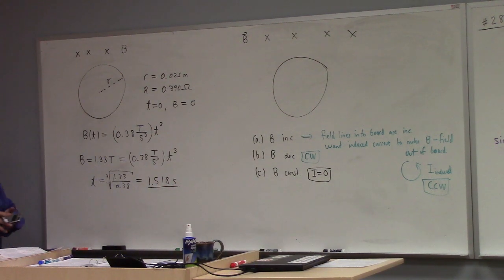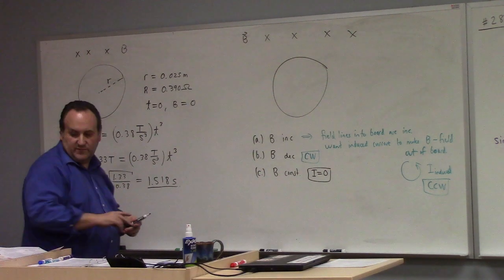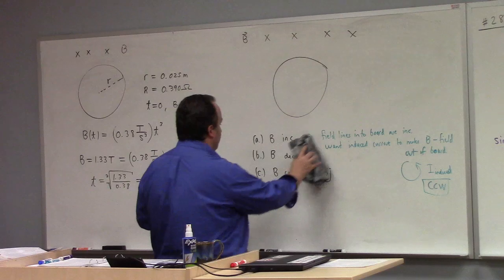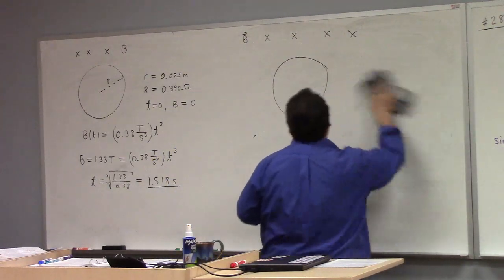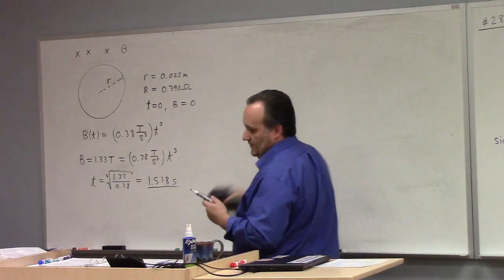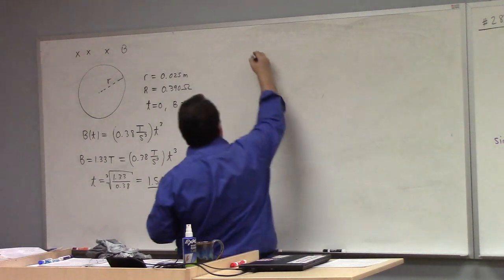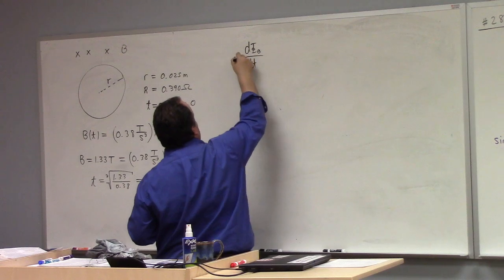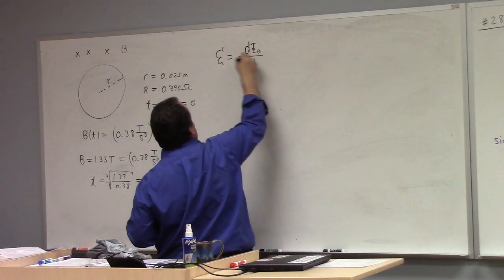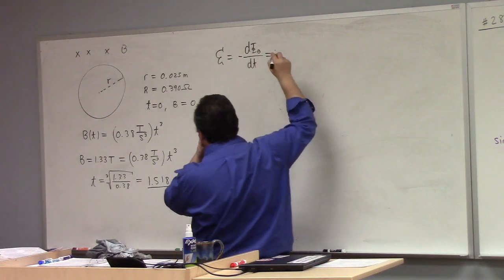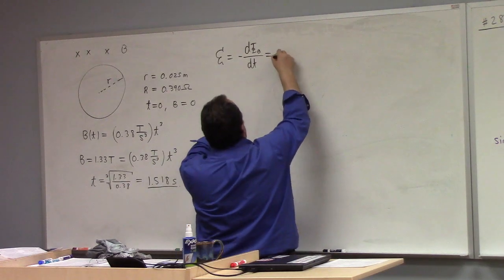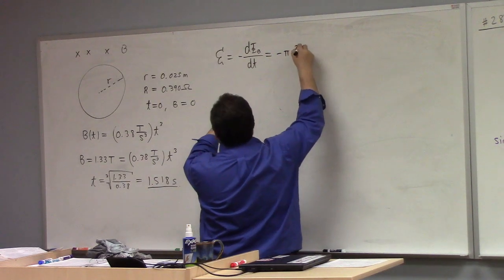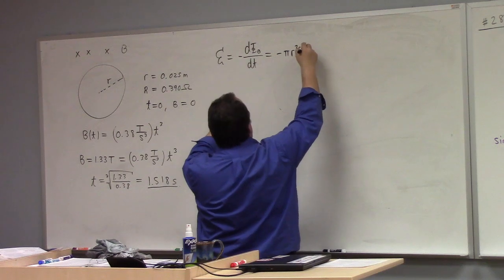So what's the voltage? To find the voltage, we need to use Faraday's law. Faraday's law is minus d phi B dt, which in this case is minus pi r squared times dB dt.